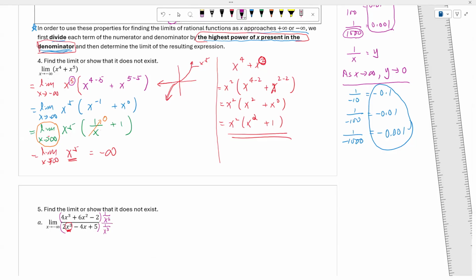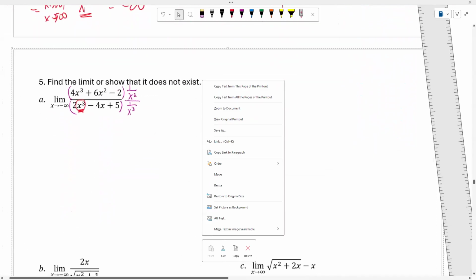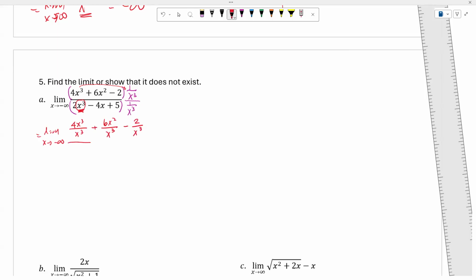If I do this, you will see that we have this term times this. Then I have 4x to the power 3 divided by x to the power 3 plus 6x squared divided by x to the power 3 minus 2 over x to the power 3, all over 2x to the power 3 over x to the power 3 minus 4x over x to the power 3 plus 5 over x to the power 3.